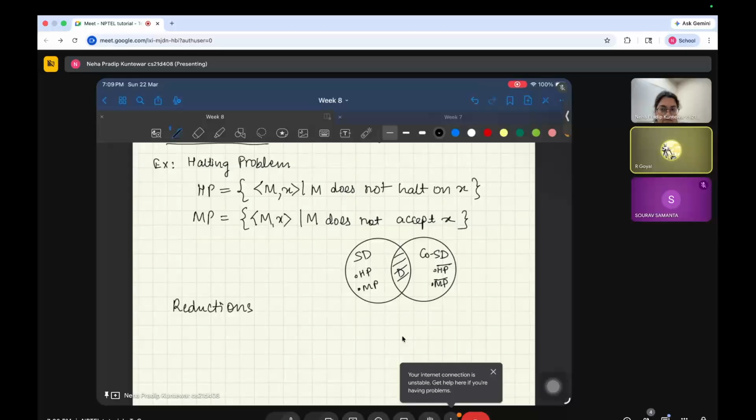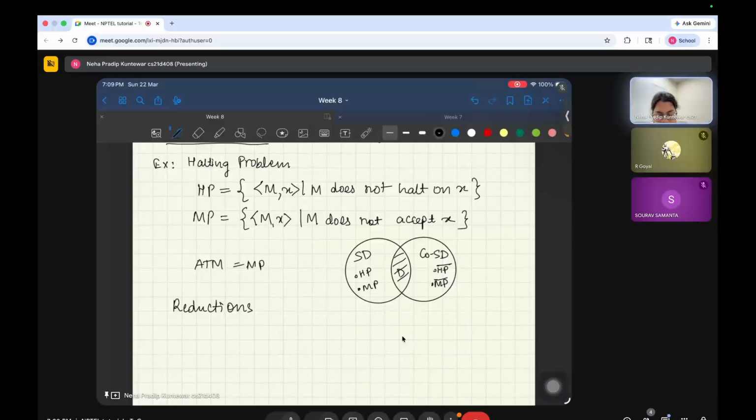ATM would be the complement of MP, because the complement of this set would be the set of all m comma x such that m accepts x. So that is exactly what ATM is.